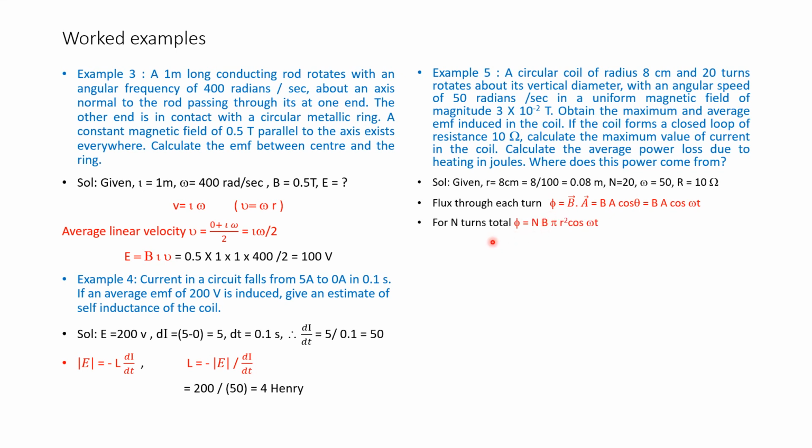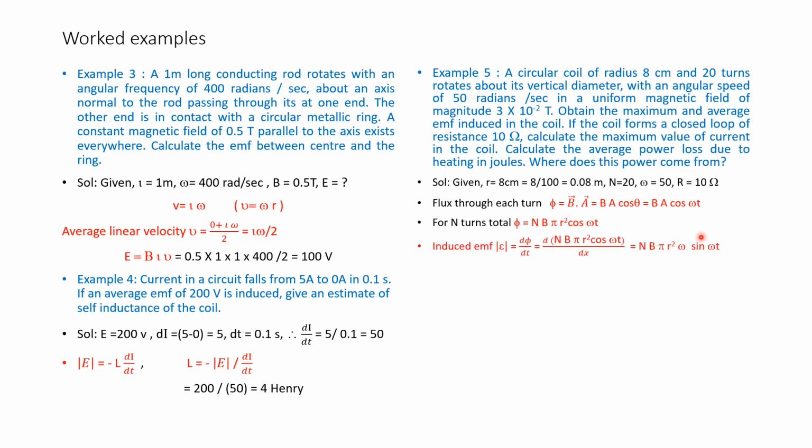Therefore, induced EMF E is equal to minus d phi by dt. So, here we will substitute the value of phi as calculated in the previous equation, N B pi r square cos omega t, divided by dt. Differentiating this value, we get N B pi r square omega into sin omega t.